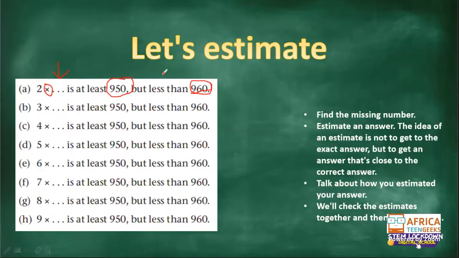So if I had to estimate this, I will start with 475, but the next four numbers will work too, because if I multiply 479 by 2, I will get 958. I cannot include 480 because that will be 960 divided by 2, and I said here it has to be less than, it cannot include.